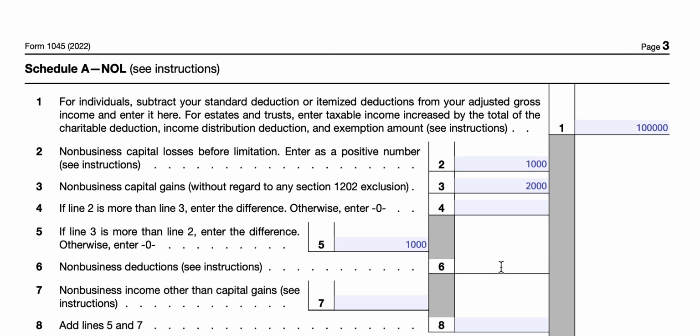Most itemized deductions, except for the casualty and theft losses from a federally declared disaster and state income tax on trade or business income. And then finally, your standard deduction.